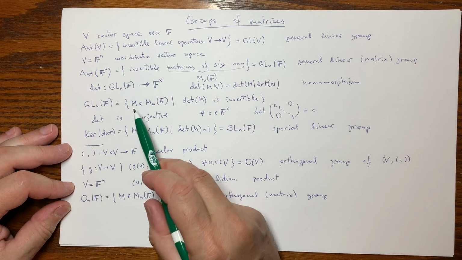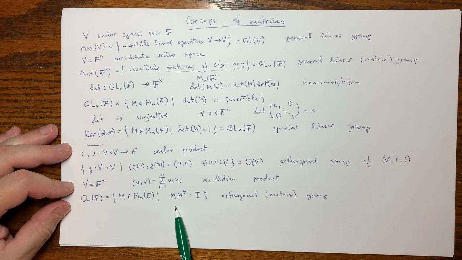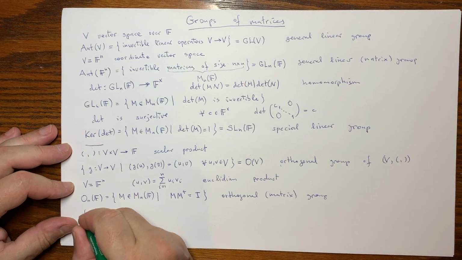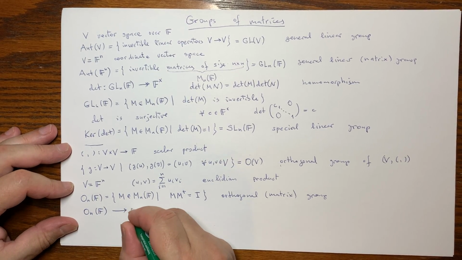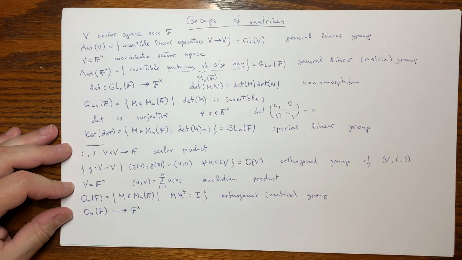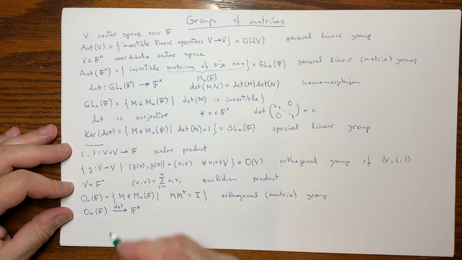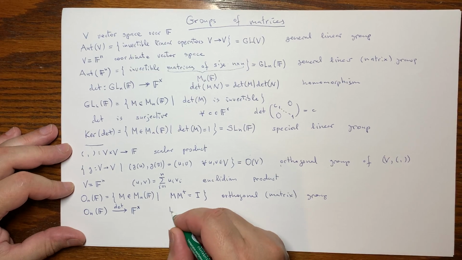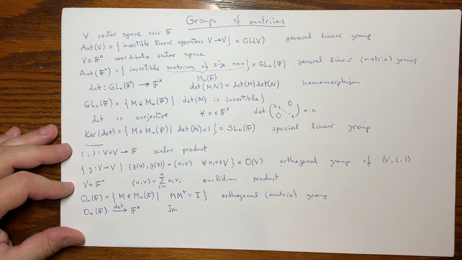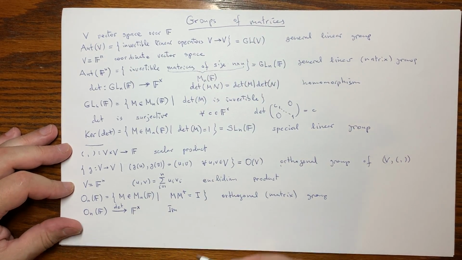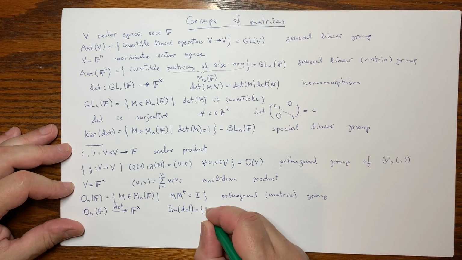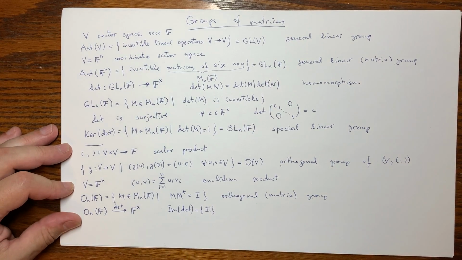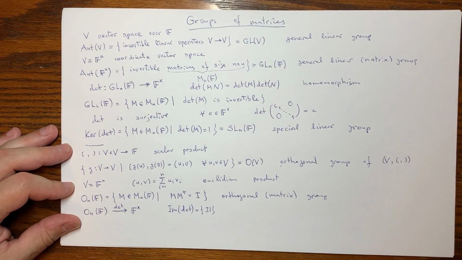And as before, we could look at the determinant as a function, as a homomorphism from this group into the multiplicative group of the field. And it is easy to see that the image is now not the whole thing, but rather a very small subgroup of it. The image will be just a two-element subgroup consisting of plus and minus 1.